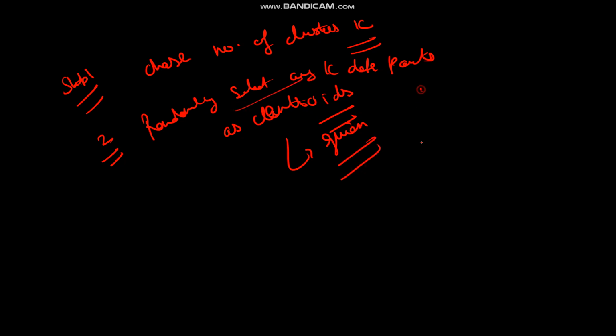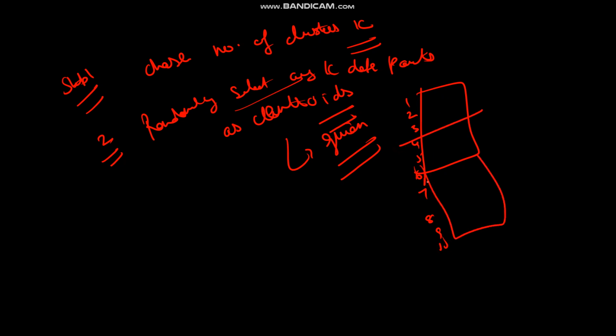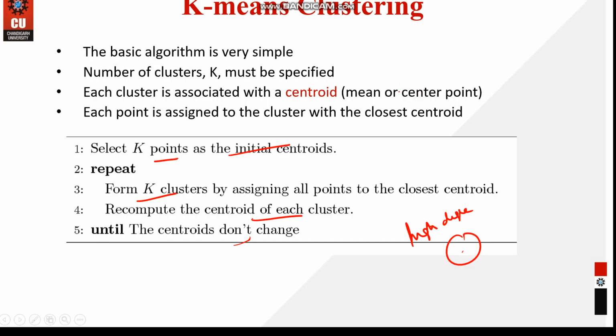How do we choose? Suppose we have a total of 10 items, and we have to pick. We will pick one cluster centroid from this, another centroid from this, and so on. This is how we take the cluster values. In this case, we choose the initial centroids, so we can pick the first value and then the second and so on.